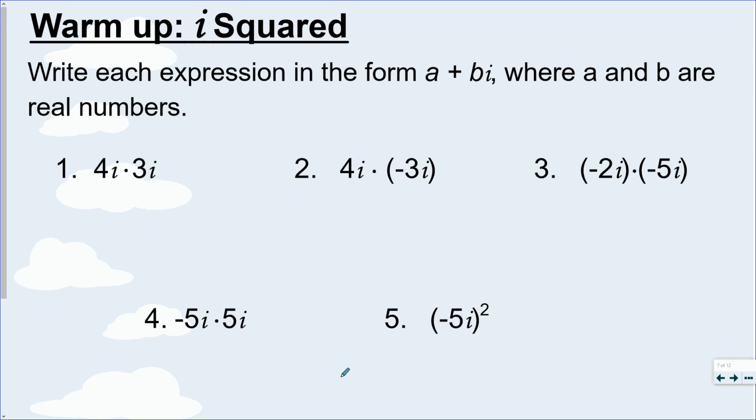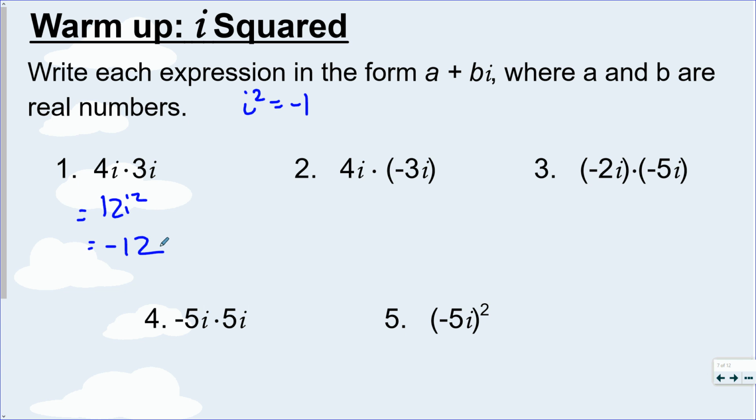All right. So with that in mind, let us figure out a little bit more about how multiplication works. So, 4i times 3i. Remember, start by thinking that i is a variable. This would be 12i squared. But remember that i squared is equal to negative 1, right? So what is this equal to?